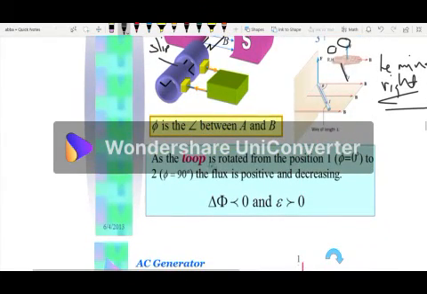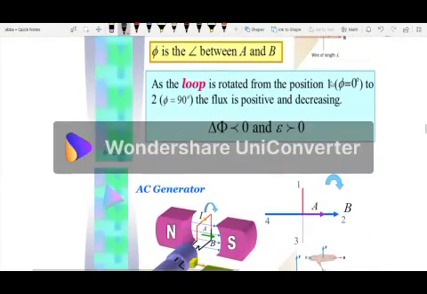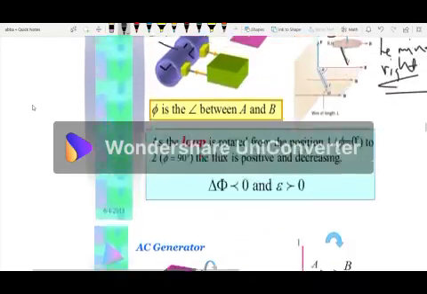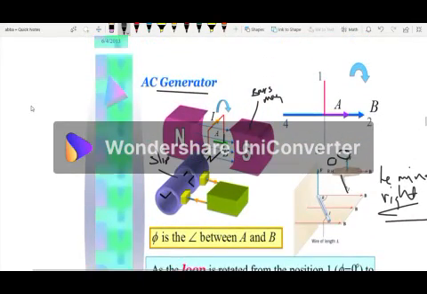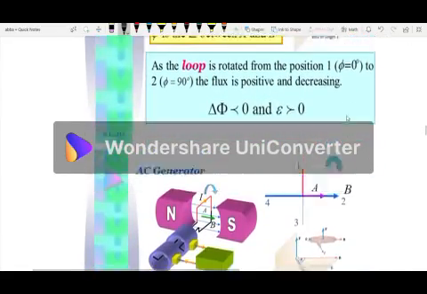Also, as the loop is rotated from position 1, the angle there is equal to 0 degrees. This is 1, so the angle is 0. Now if we rotate it to 2, then the angle is 90 degrees.